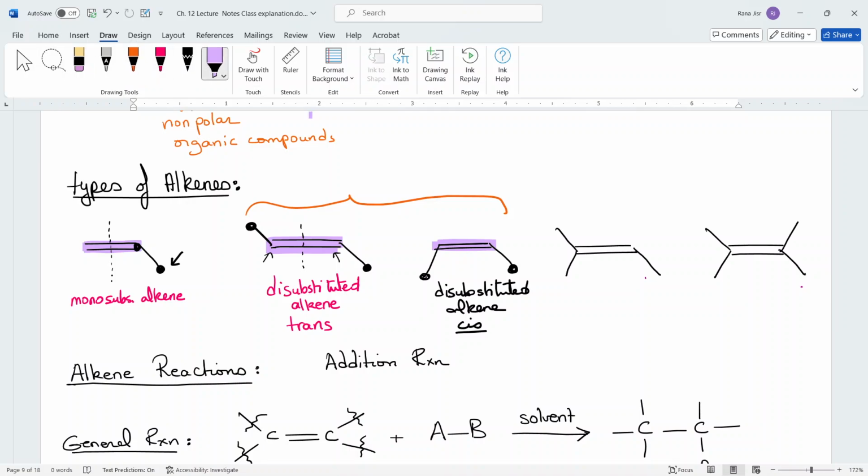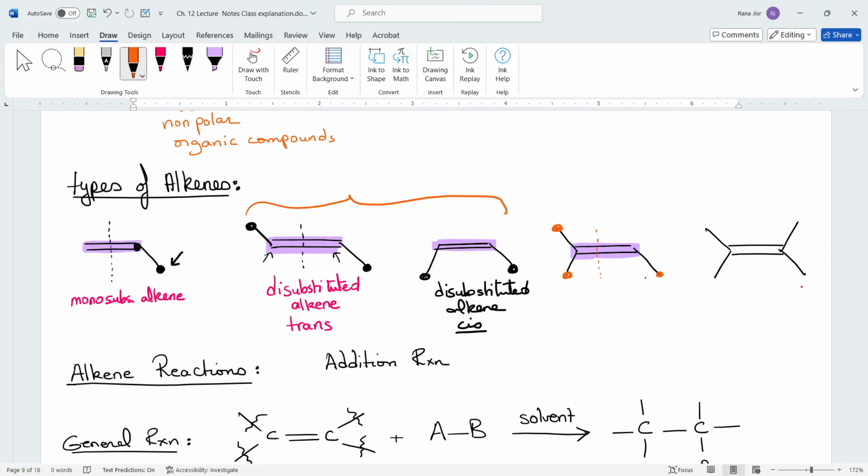And then we have this example over here, where you highlight the double bond and cut that double bond in half, so that you see every carbon of the double bond and how many carbons it's connected to. On this carbon, you have 2 carbons connected to it, and on the other carbon, you have 1 carbon connected to it.